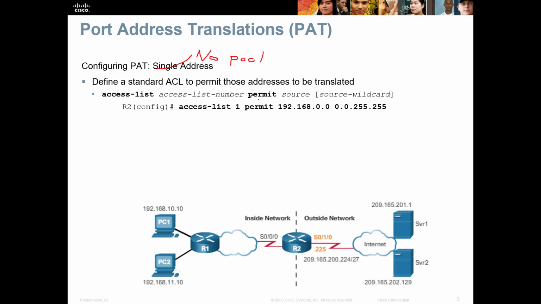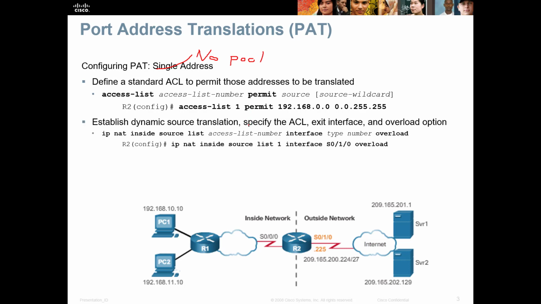Right? No pool. Single address. So you define the ACL then. You can skip that whole first step of making a pool. Define the ACL. Same one. All right, we define the ACL, and then we establish the translation, right?